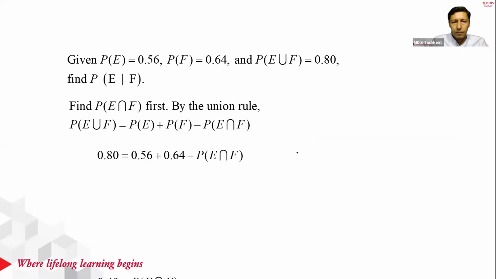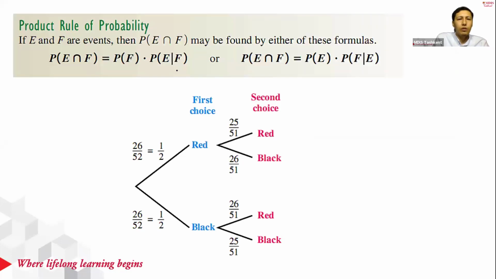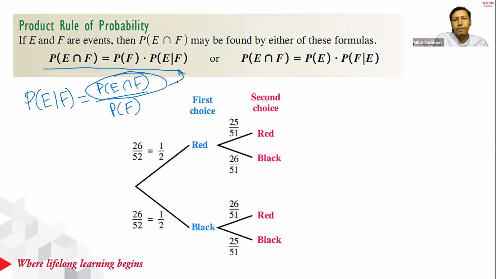Okay, example. And we have this formula also. This is the same thing. The formula for conditional probability is like this. If you find this intersection from here, you will get this formula.